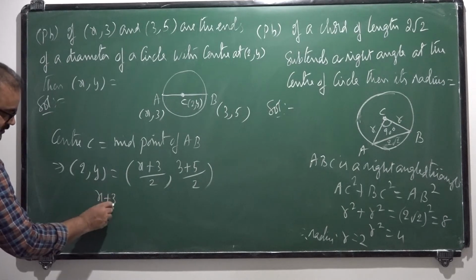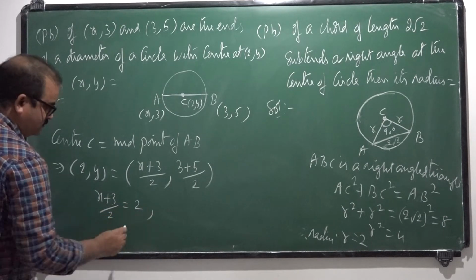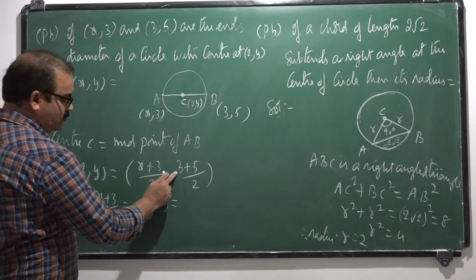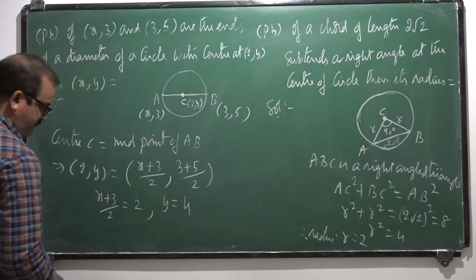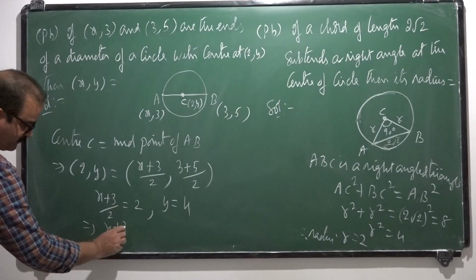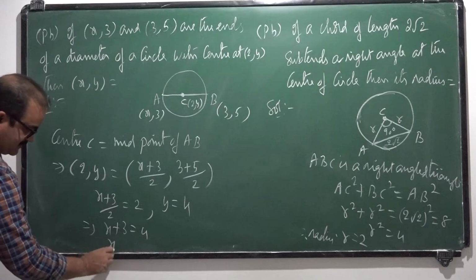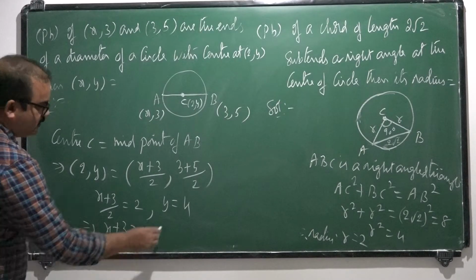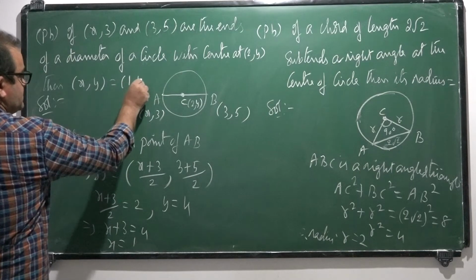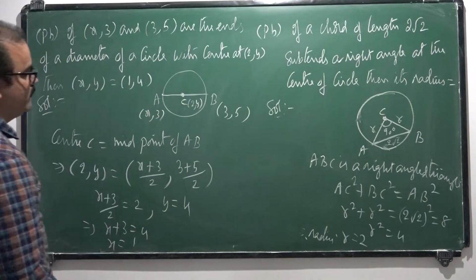X plus 3 by 2 is equal to 2, equating y coordinates, y is equal to 8 by 2. X plus 3 is equal to 4. So x is equal to 1, y is equal to 4. Therefore x comma y is equal to 1 comma 4.